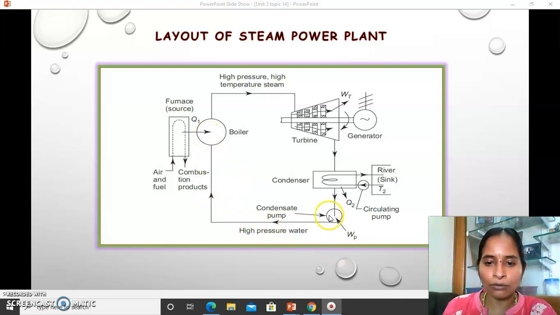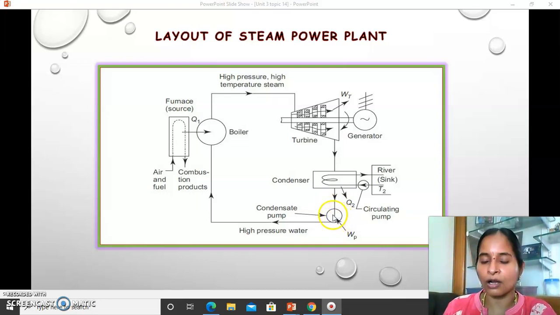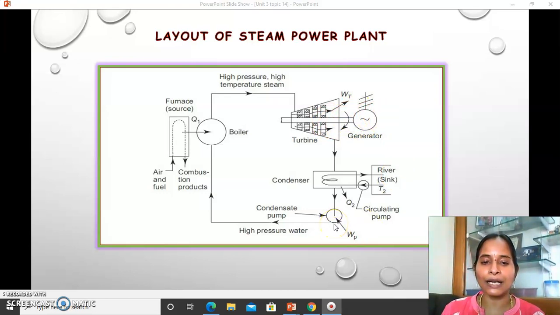So it is supposed to be supplied work for the pump. That work or electrical energy to run this pump is supplied by the mechanical work which we are receiving from the turbine. Okay, be clear on my words.